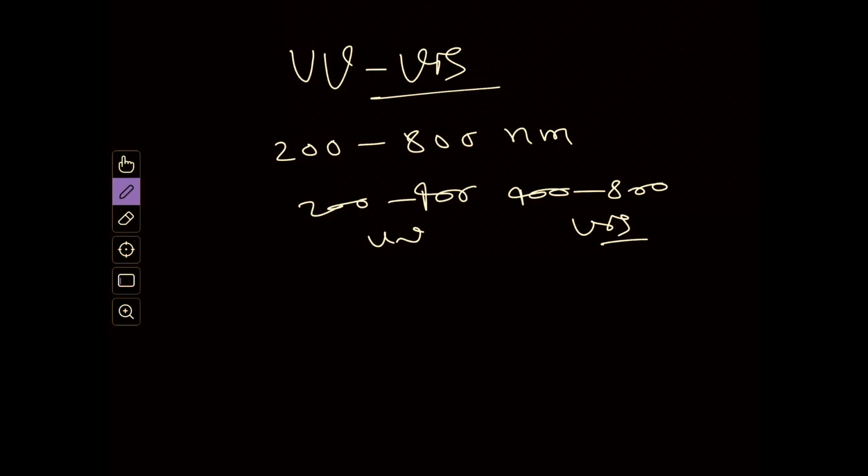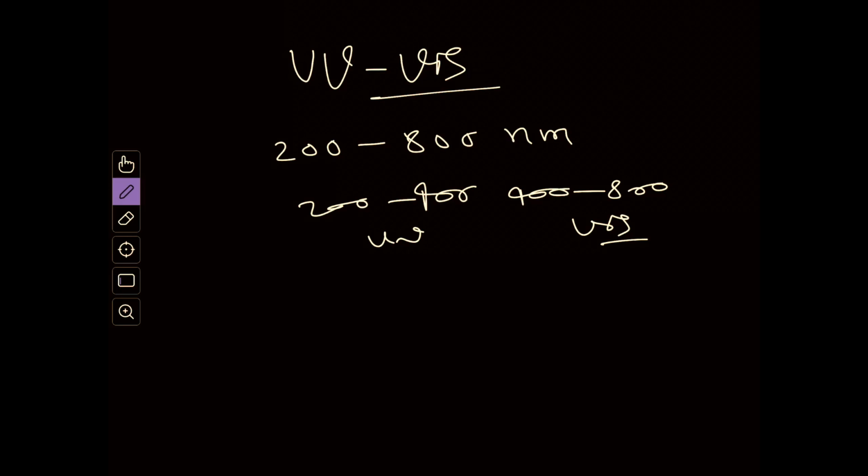But after that, when more sophisticated techniques like NMR and IR spectroscopy came, we no longer use UV for structure determination because NMR and IR are better at doing this. But nowadays UV is widely used for several other purposes.